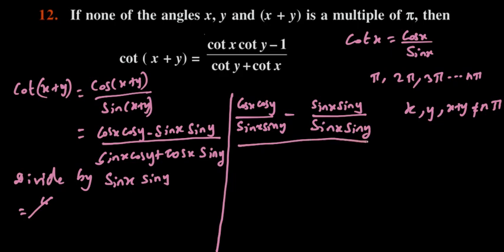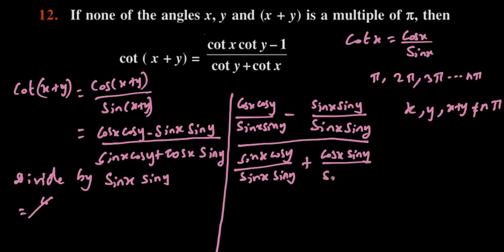In the denominator also, sin x cos y divided by sin x sin y, plus cos x sin y divided by sin x sin y. So let me cancel the possibilities. Here nothing will cancel. Here both sin x and sin y will get cancelled. Here sin y will get cancelled. Here sin x will get cancelled.